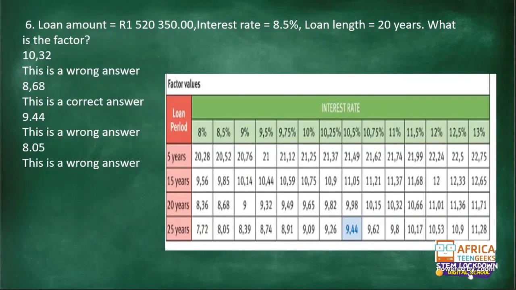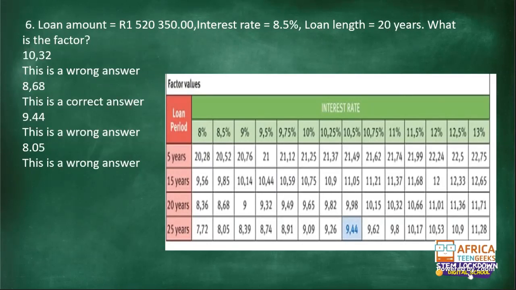Now, whenever you want to check the factor, in this case, for instance, which factor are you going to use in the table? Who can tell me if you want to choose a factor there? There are different options there: 10.32, 8.68, 9.44, 8.05.